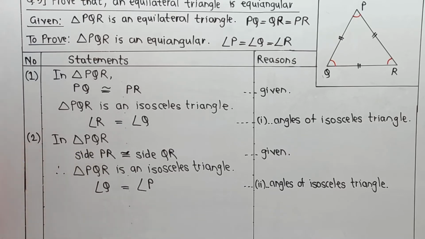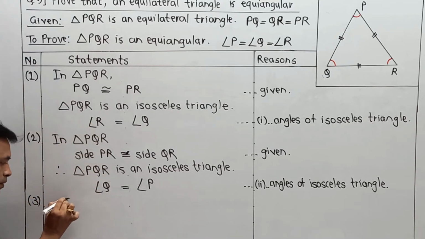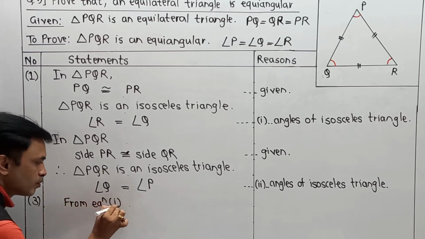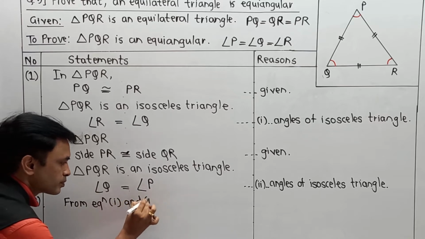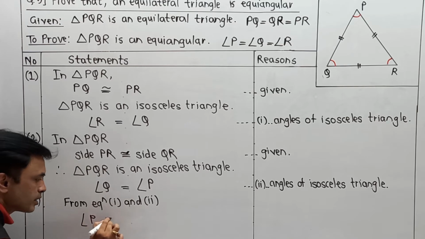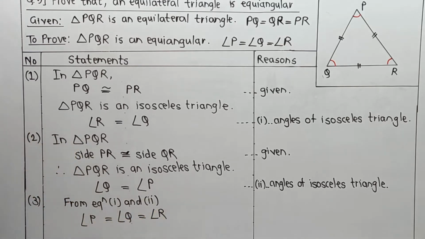So I am going to make a third group. In group 3, we are writing it from equation 1 and 2. Angle P is equal to angle Q is equal to angle R. All three angles of the triangle are equal.